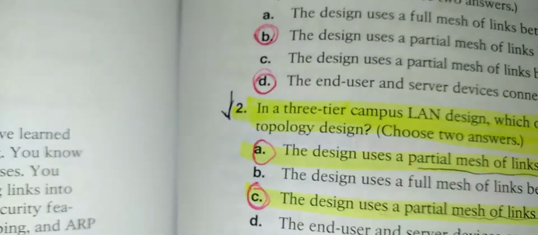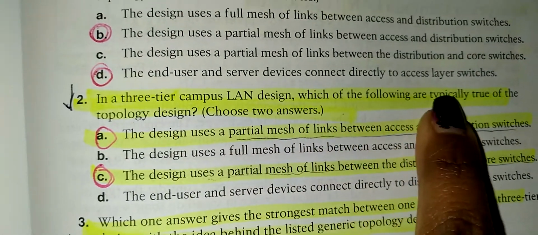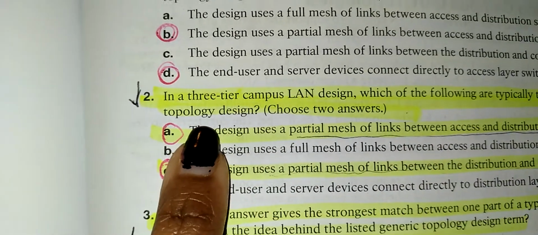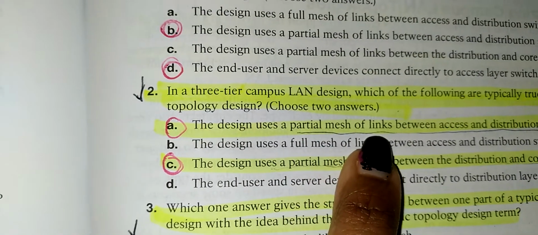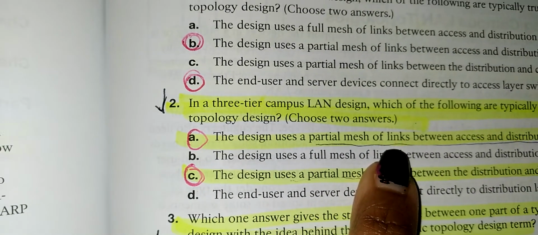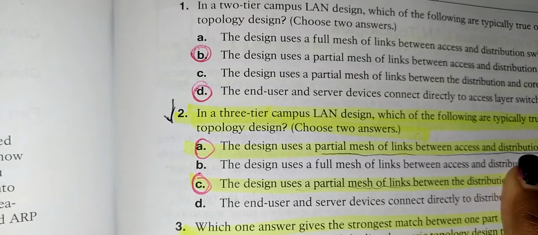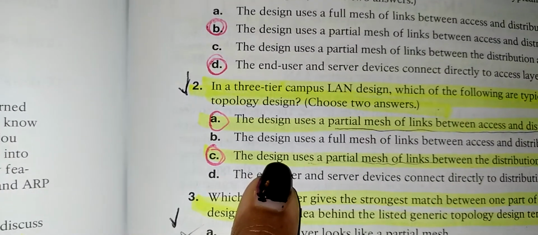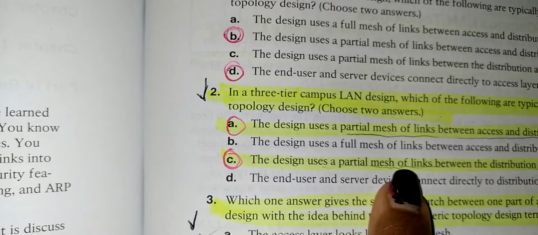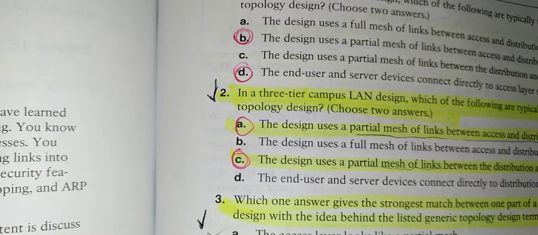So again, it states, in a 3-tier campus LAN design, what is typically true of the topology design? The design uses a partial mesh of links, which is what I just showed you, between access and distribution switches, and the design uses a partial mesh of links between the distribution and core switches.